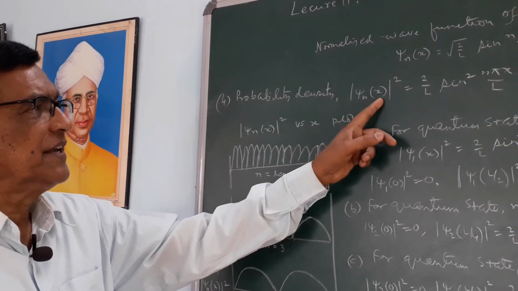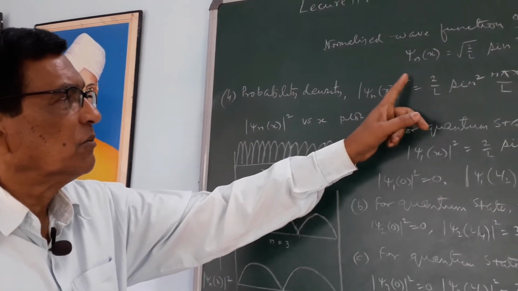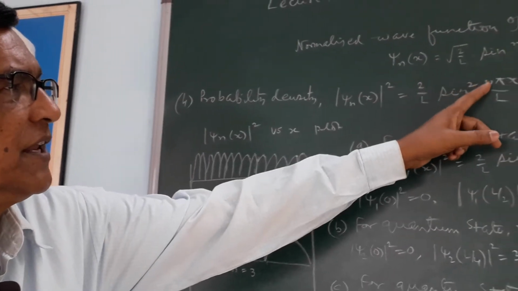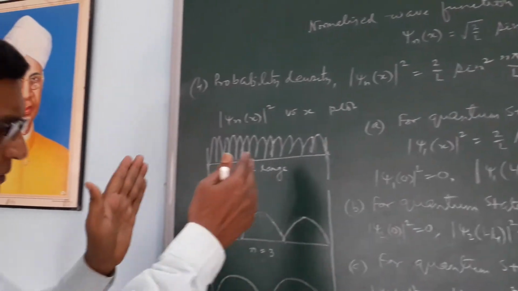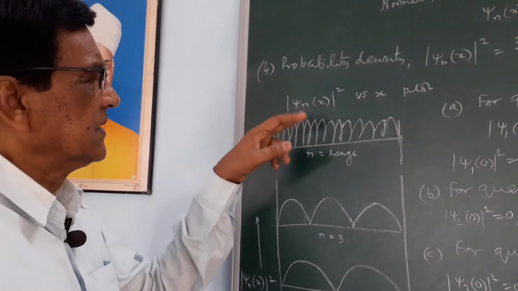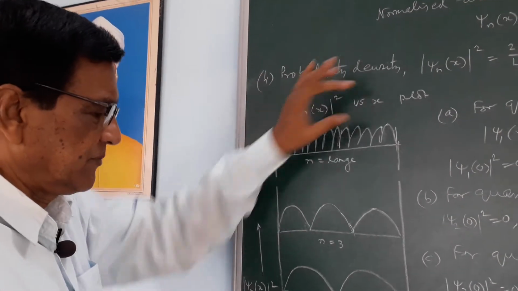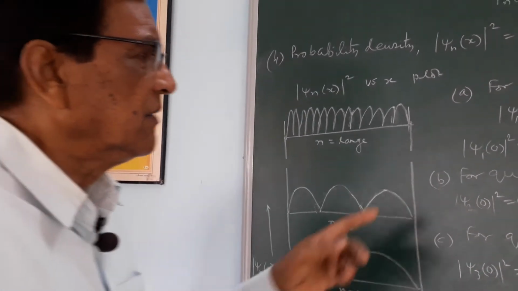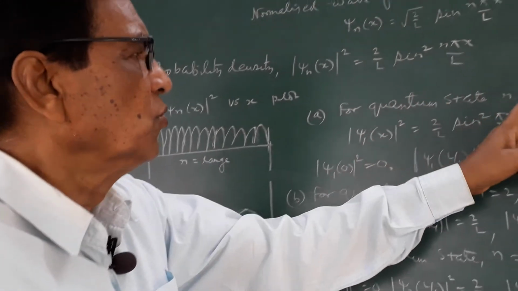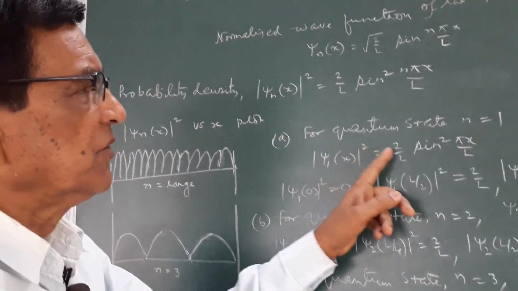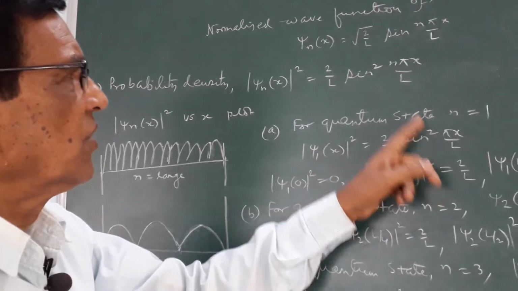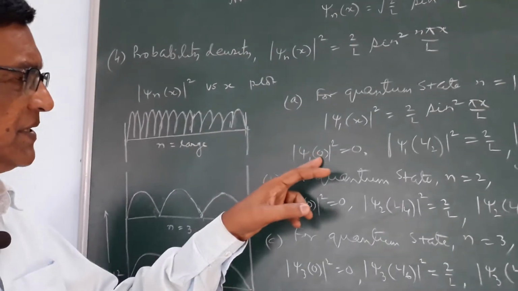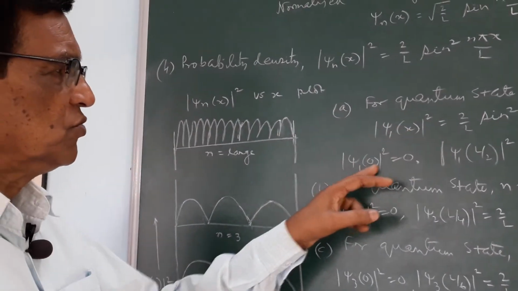The probability density is psi n of x whole square, the modulus square of psi n of x, equal to 2 by L sin square of nπx by L. And if we plot this probability density versus x for different quantum states, then for the quantum state n equal to 1, psi 1 of x square equals 2 by L sin square of πx by L. When x equals 0, this is 0.